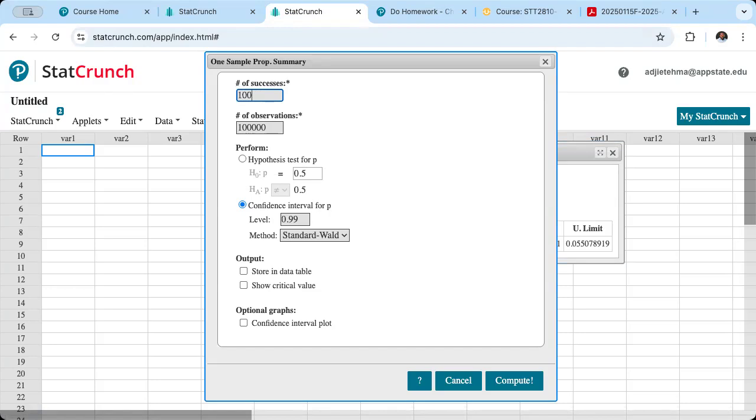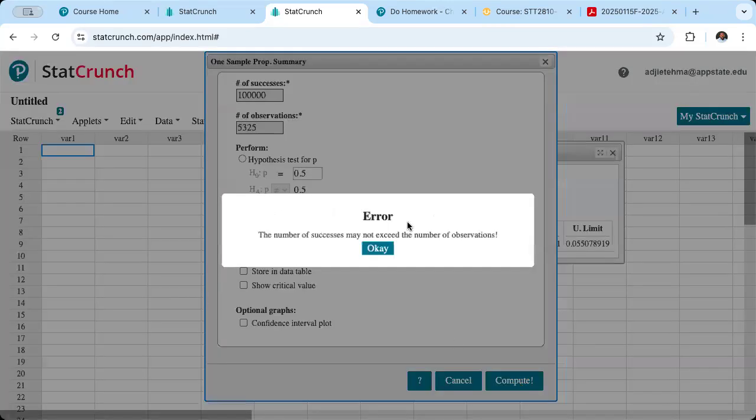Say you put 100,000 here, and then say you put 5325 here. Remember, proportion can never exceed 1. If I want the number of students who like apples in this class, the maximum I could get is everybody likes apple. That's going to be 1. Is that okay? So you see, when you click on this, the number of successes cannot exceed the number of observations. So when you click on this, it gives you an error. Does that make sense? Good.